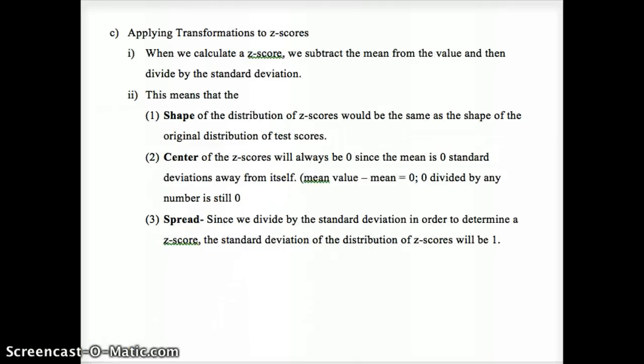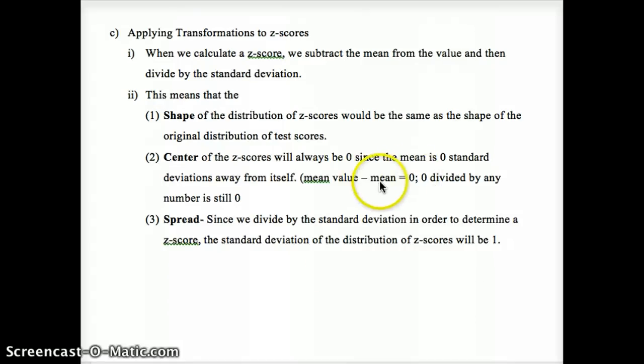So if we apply these transformations to z-scores, when we calculate a z-score, we're subtracting the mean and we're dividing. That means the shape overall would be the same as the original distribution, so any skew, any symmetry, but the center will always be 0, since the mean is 0 standard deviations away from itself.